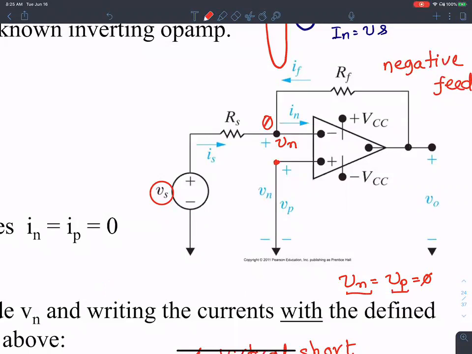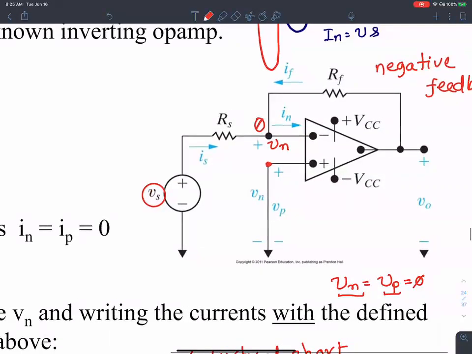Okay, so let's do the analysis now. It comes down to a matter of simple analysis. The second idea is that the current flowing in through this resistance should be the current flowing out through that resistance here, because the other ideal op-amp assumption is that the current IN is 0.